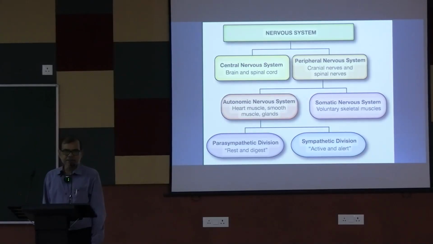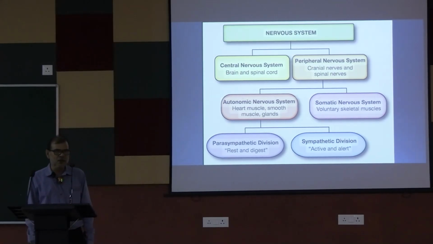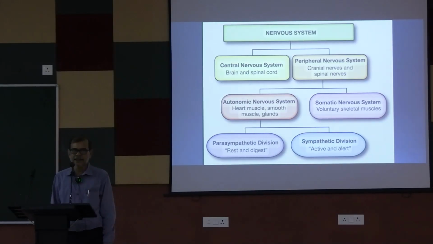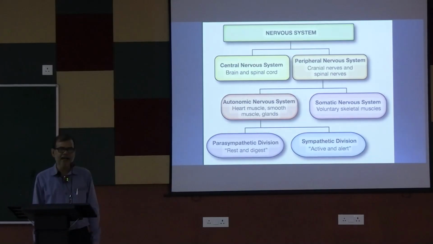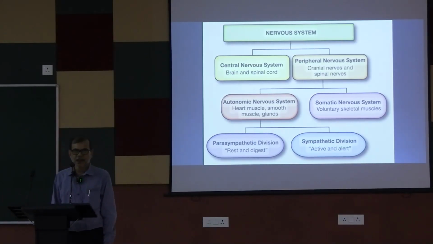So precisely, the central nervous system is interconnected with the peripheral nervous system. The peripheral nervous system has two components, somatic and autonomic: somatic, motor and sensory, and autonomic, sympathetic and parasympathetic.